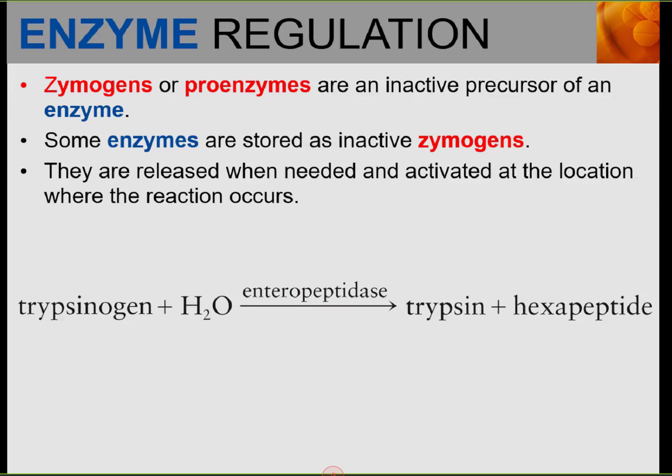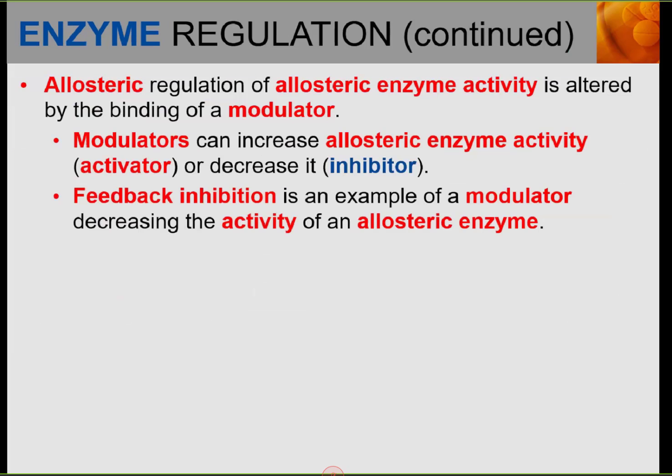So zymogens then are inactive precursors to enzymes, and they're released by the cells when needed. So allosteric regulation of an enzyme is one way the cell can regulate the reactivity of an enzyme.